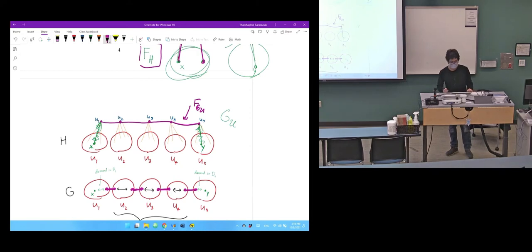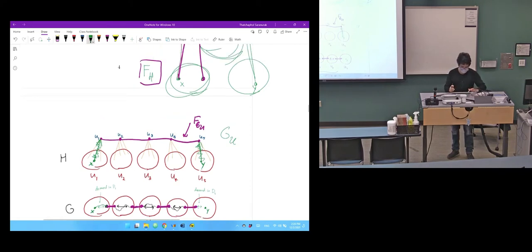But in order to get the flow in G, we need to connect this path together. Like the path here needs to be connected somehow. Right? And this endpoint needs to be connected at least to the guy inside. Okay.